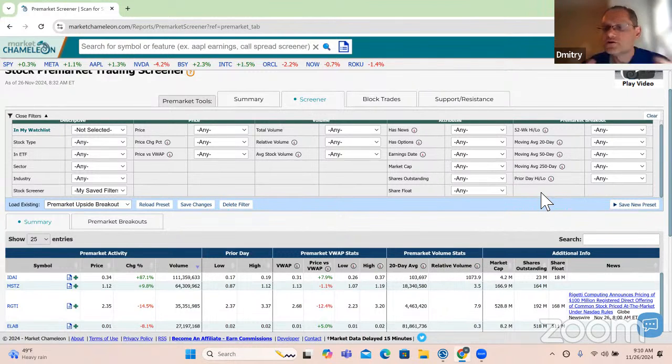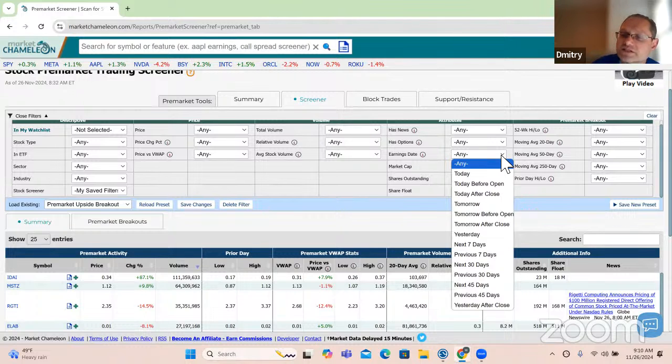And so when you have those strategies and you're looking for stocks that are moving, it could be around earnings, right before earnings, or coming out after earnings, or earnings are coming up in a certain amount of days, you could use this filter here to look for stocks that announce earnings before open, yesterday, tomorrow they'll announce it after close, coming up in the next 7 days, if it reported yesterday, and so forth.